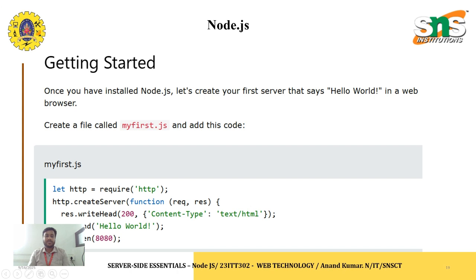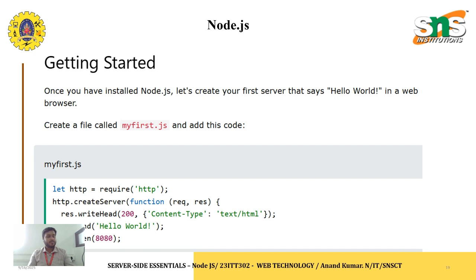We can create a server using a function with a request and response model. We can write the head as content type, and we can end the response with hello world. And we use listen 8080. I mean to say, if the server is at port 8080, it will display hello world.